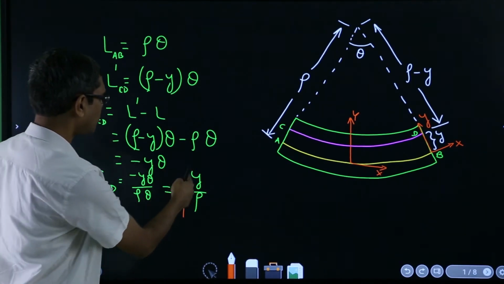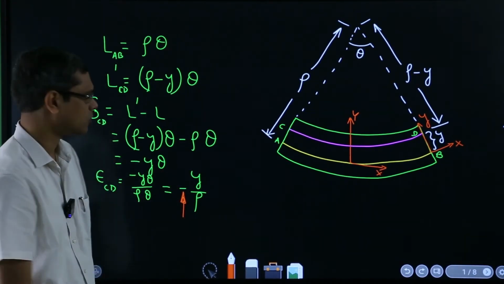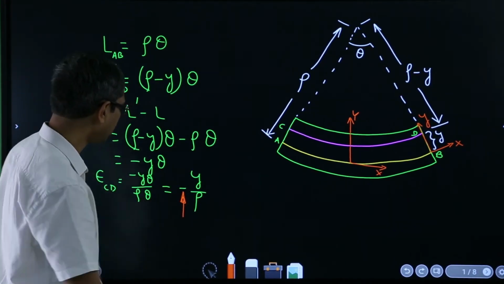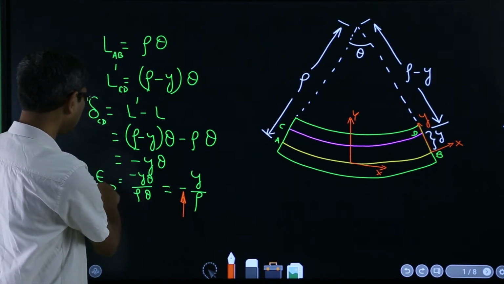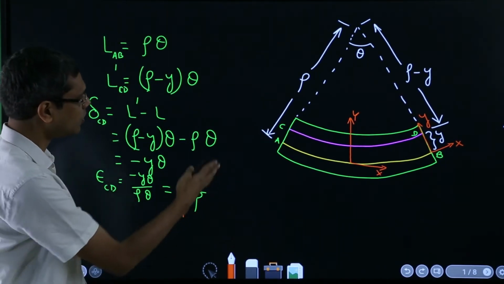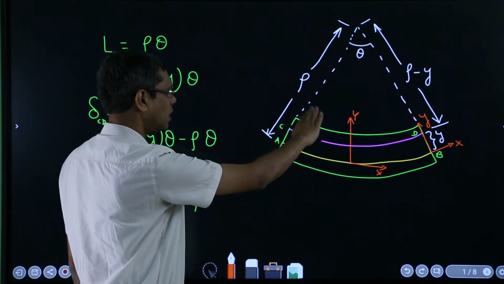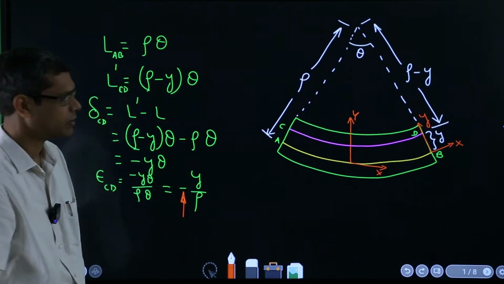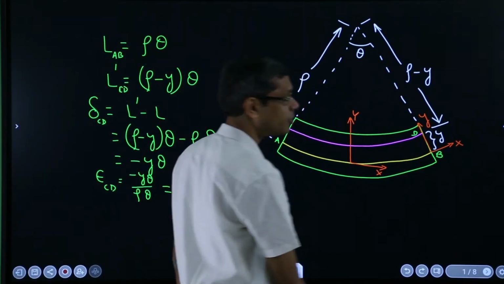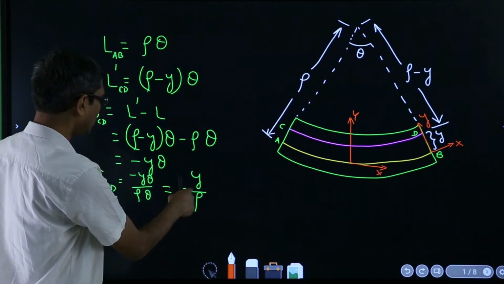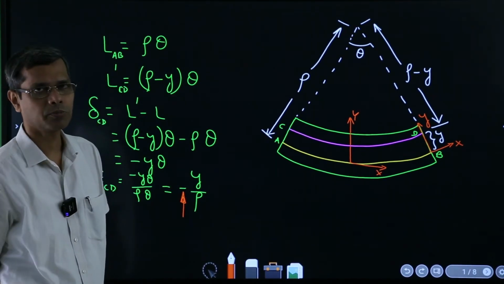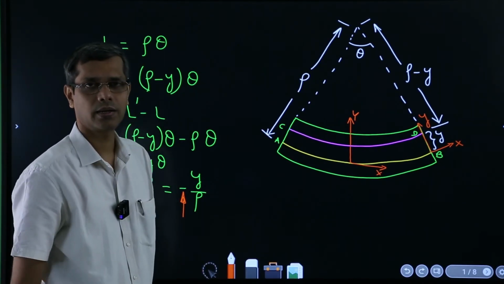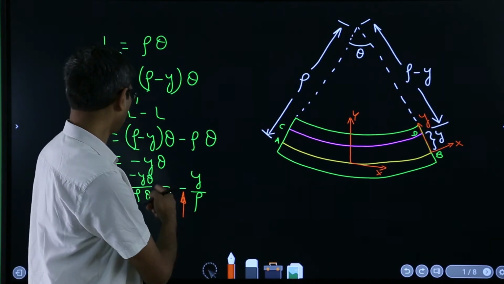That means when y is positive, you are getting a negative sign because rho is positive in this direction. Concave upward curvature is called positive. So the strain is negative. That means all the fibers towards the upper side of the neutral axis are compressive. And if I go downward, y will become negative, and so this term will become positive numerically, and that will give us the tensile strain. Okay. So that's the meaning.